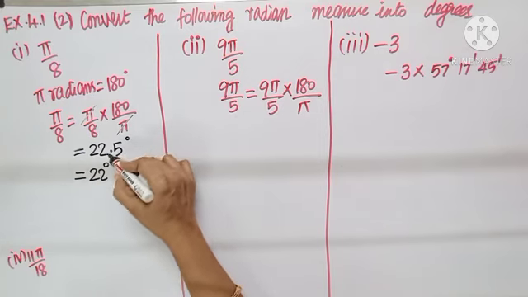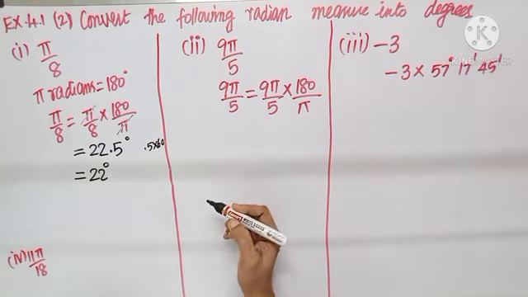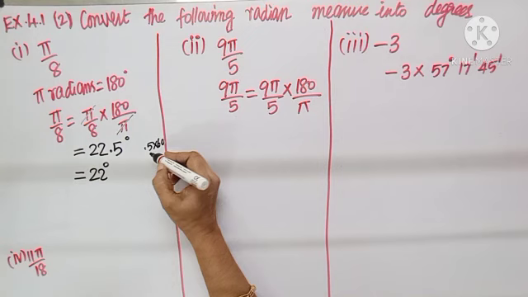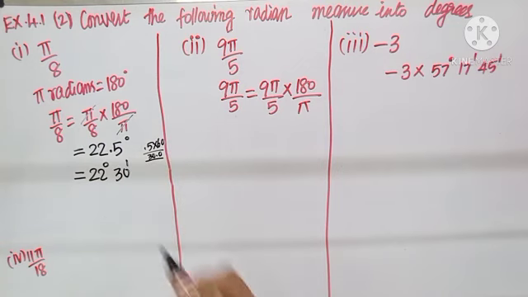Whatever is in decimal, multiply by 60, because we know 1 degree is 60 minutes. So I get 5 into 60, that is 30.0. We can say 30 minutes.